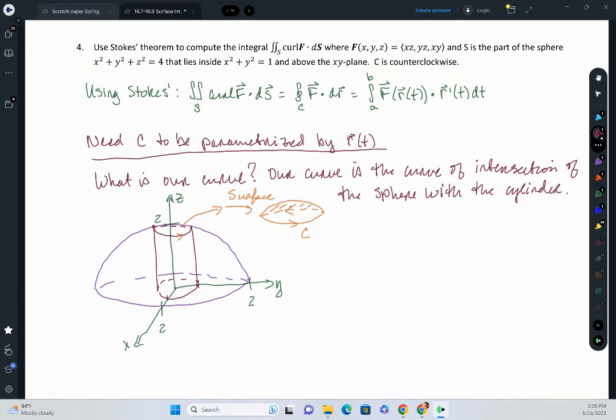Okay, and that intersection is actually just a circle, and it's a circle defined by the cylinder.